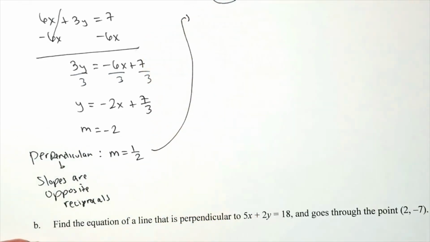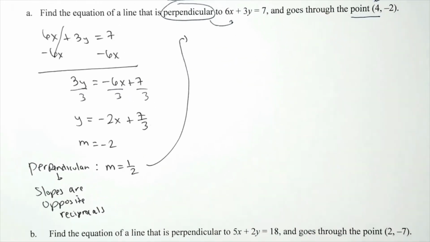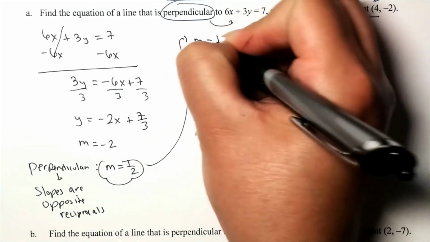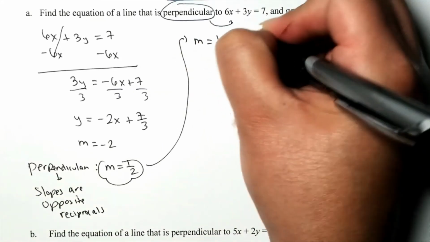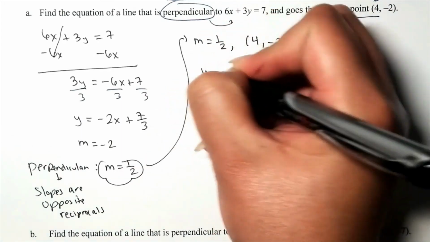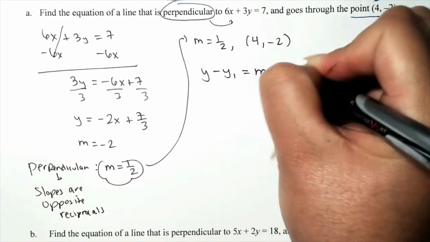So let's bring it down together. To find the equation of a line, we need a point and a slope. We had a point, and thanks to our detective skills, we now have a slope. So we have m equals 1/2, and the point (4, -2). We have what we need to find the equation of a line. So let's bust out the point-slope formula, which is y minus y1 is equal to m times x minus x1.